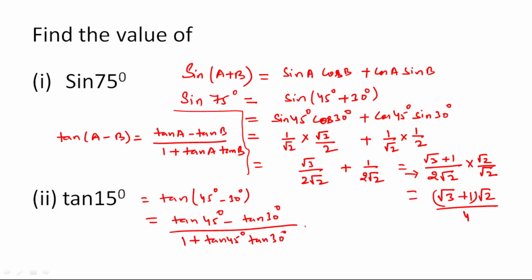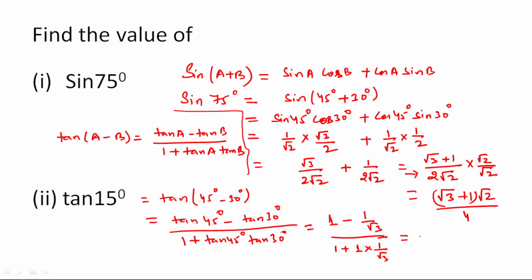We know tan 45 degree is equal to 1 and tan 30 degree is 1 by root 3, divided by 1 plus tan 45 degree, again 1, and tan 30 degree, 1 by root 3.